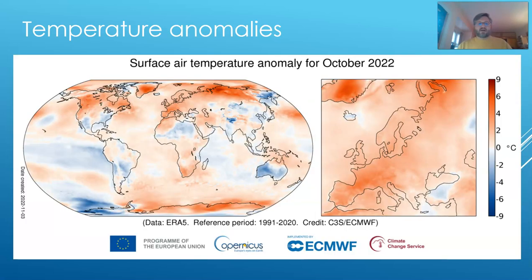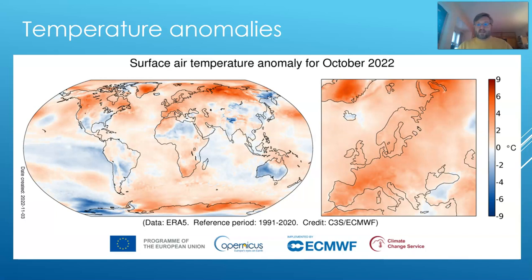So you can see this on this map. This is temperature anomalies across the Earth for October 2022 relative to the average from 1991 through 2020. So you can see for most of the world, we've got positive temperature anomalies. Most of the world in October 2022 was warmer than the 1991 to 2020 average, sometimes by a pretty substantial amount.